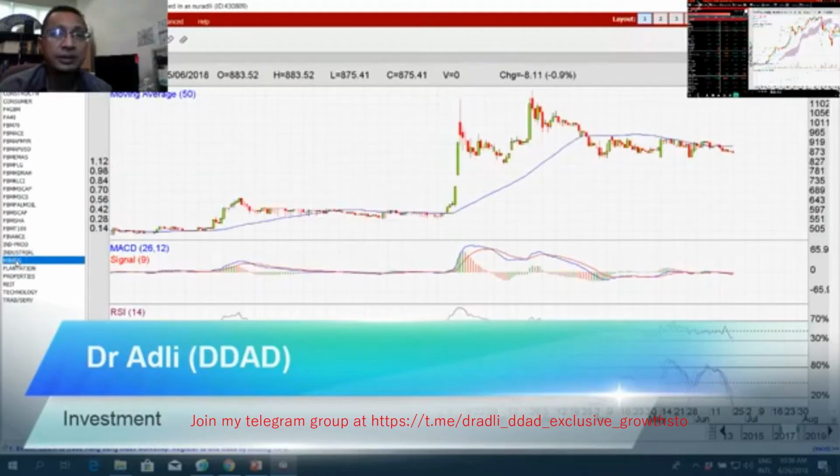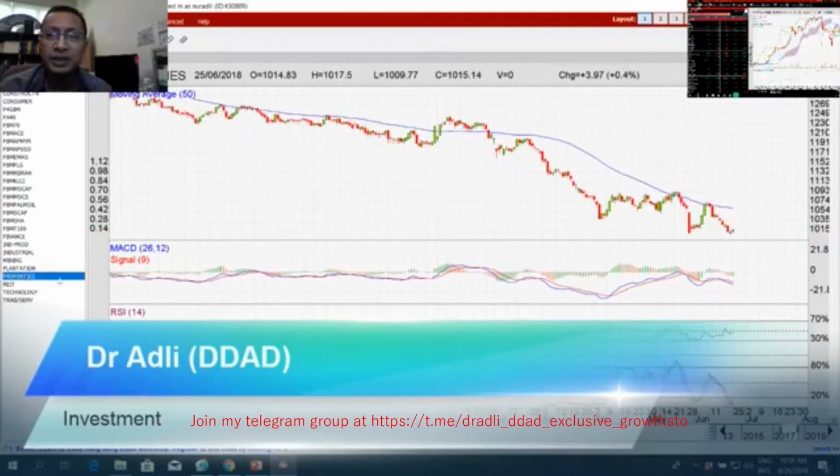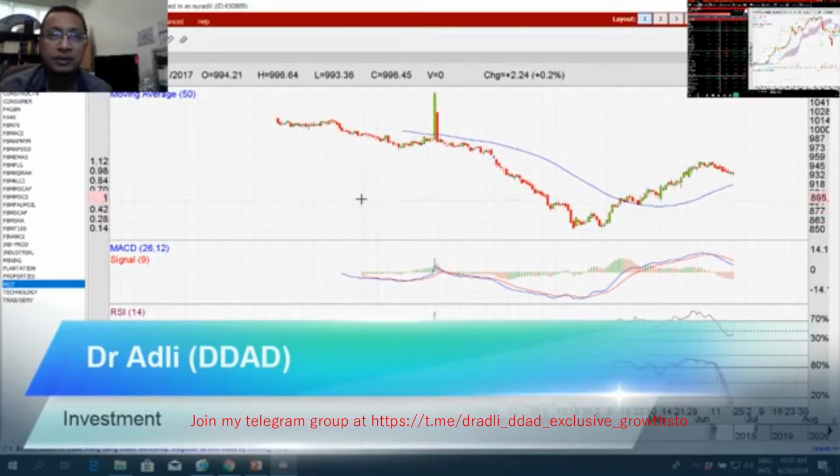Then you have mining. This is the mining industry. I believe it's going down also. And then you have plantation, also going down here. Properties is also facing a downturn. And then this is REIT.